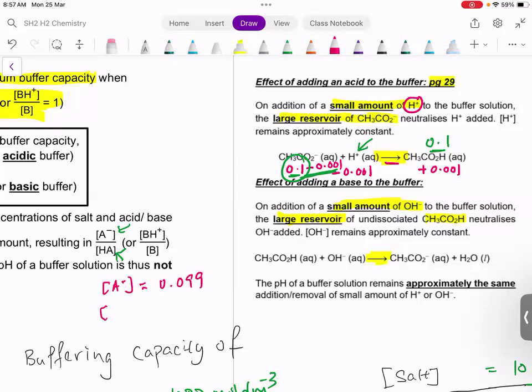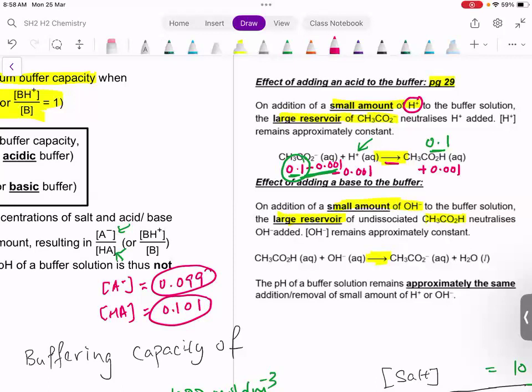While your HA will become 0.101. Notice that this and this have undergone change, but it's only a 1% change. It is negligible. So the ratio is almost the same as before, but there is a change. Therefore the pH value changes, but the change in the pH value is negligible.